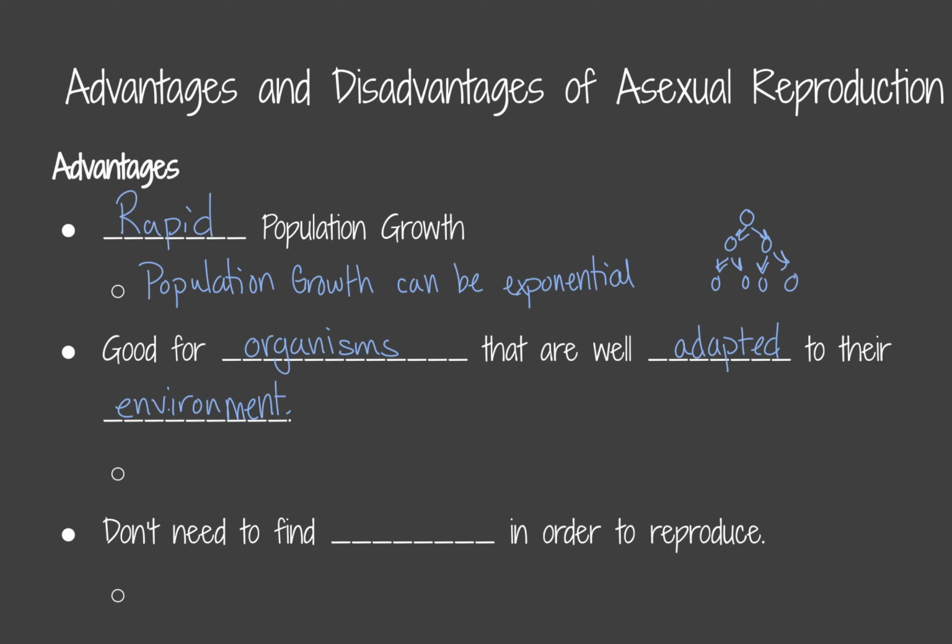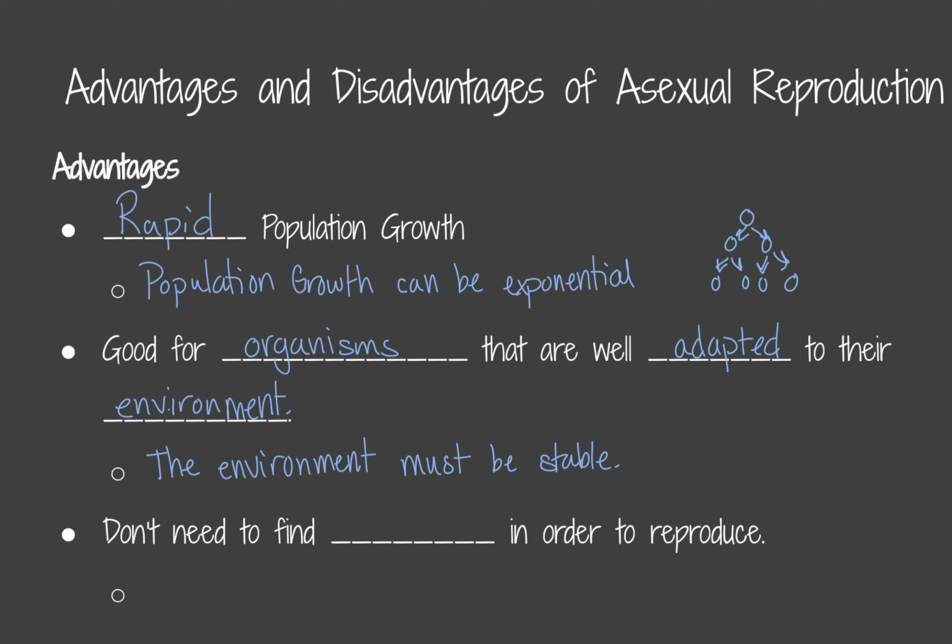The other thing that's important is the environment must be stable. If the environment is constantly changing, but the organisms are only adapted to one type of that environment, then they're not going to do as well. So they're great for well-adapted organisms where the environment is stable.